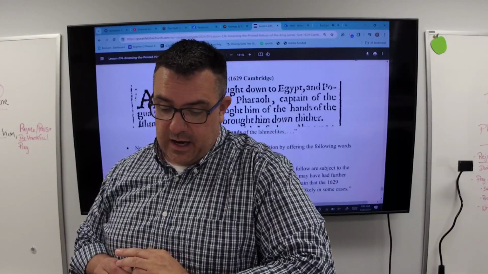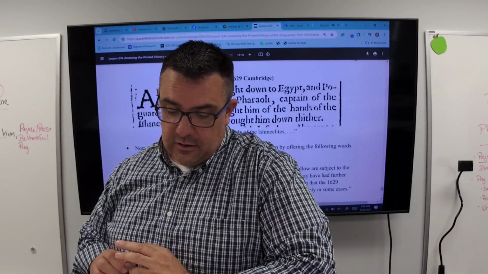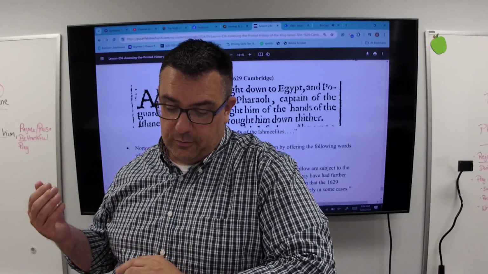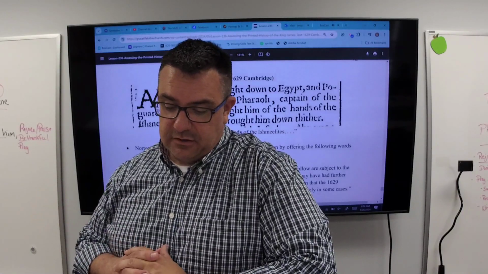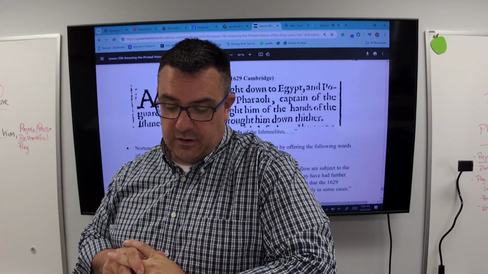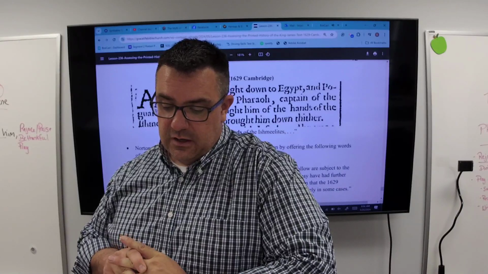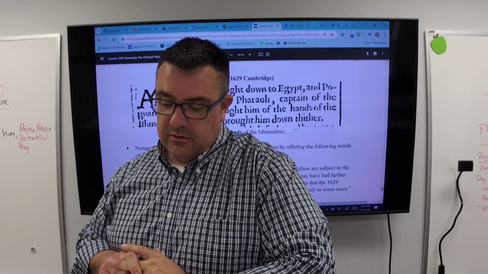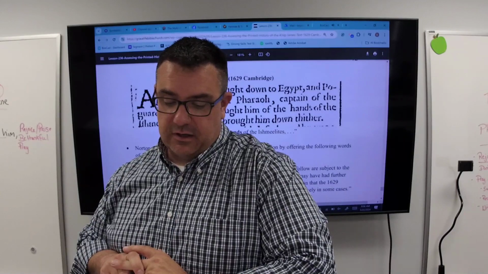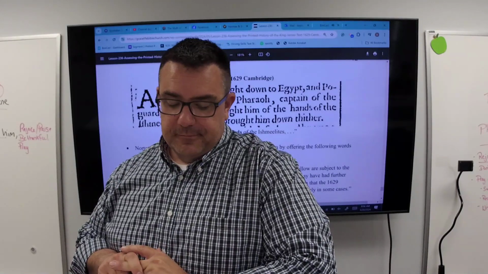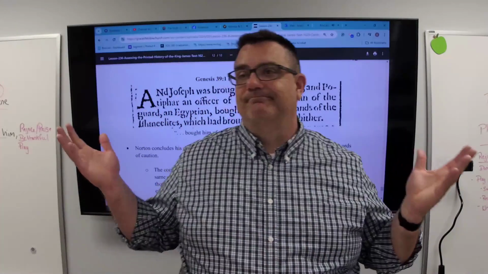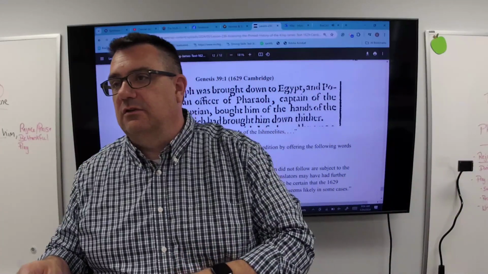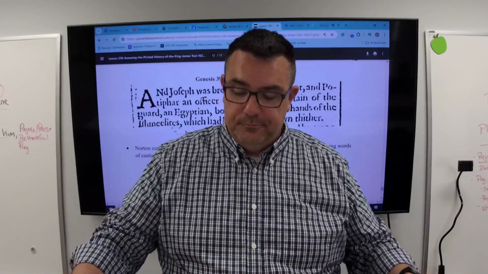The translators may have had further thoughts, which the first edition incorporates. So we cannot be certain that the 1629 editors are following their initial intentions, even though this seems likely in some cases." So is Norton kind of admitting that you can't always know the intentions of why they're making these choices?